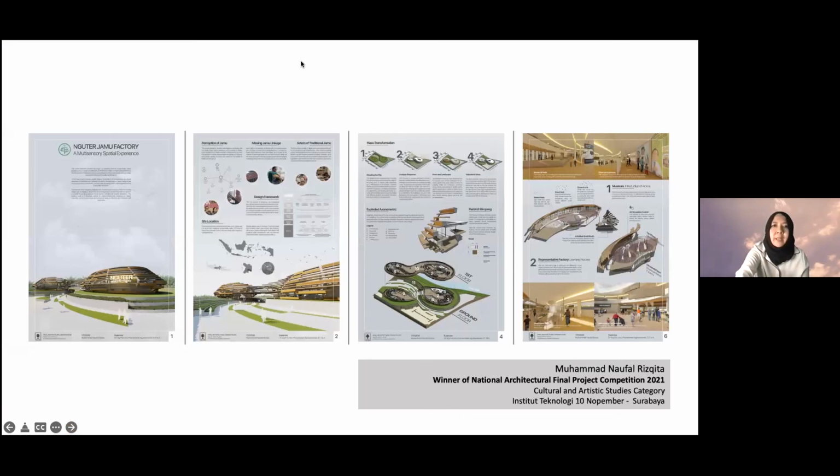And this one is another example of an architectural presentation board. You can see that the first page should not be very overwhelming, but it should showcase your killer image.